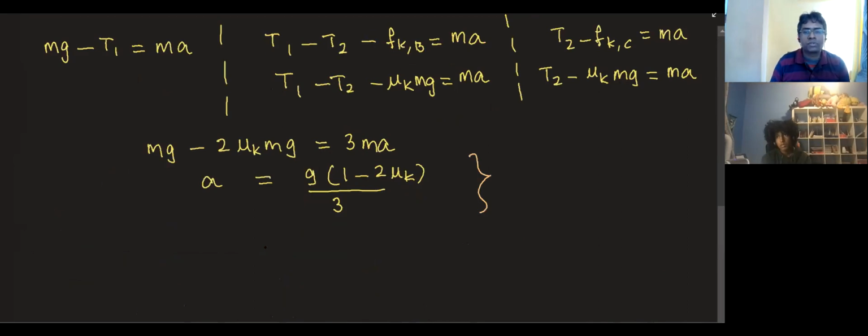Now if you want A to go down, acceleration should be greater than 0. So from the right hand side, g by 3 is a constant, so I can say that 1 minus 2 mu k is greater than 0. So mu k should be smaller than half, or 0.5.